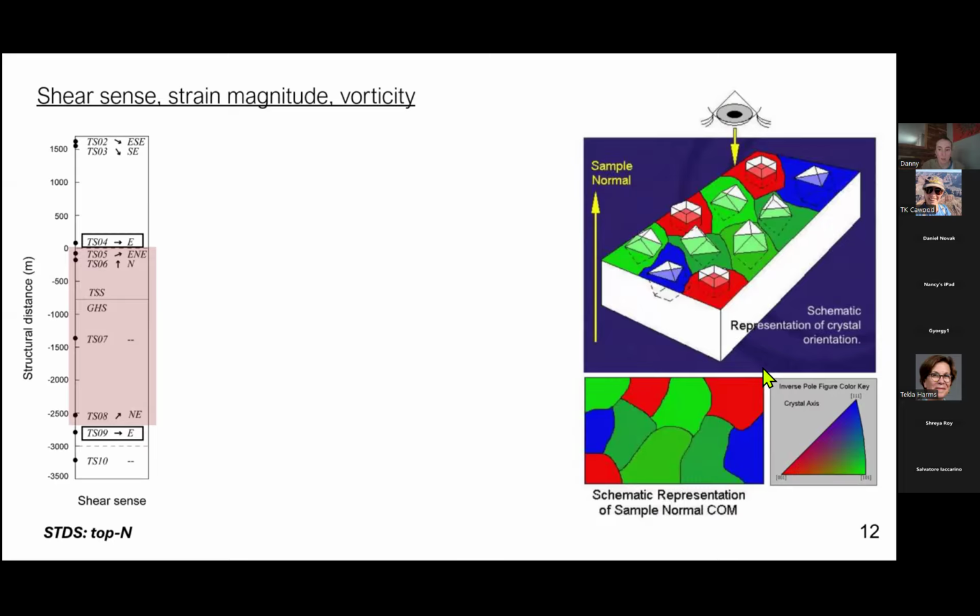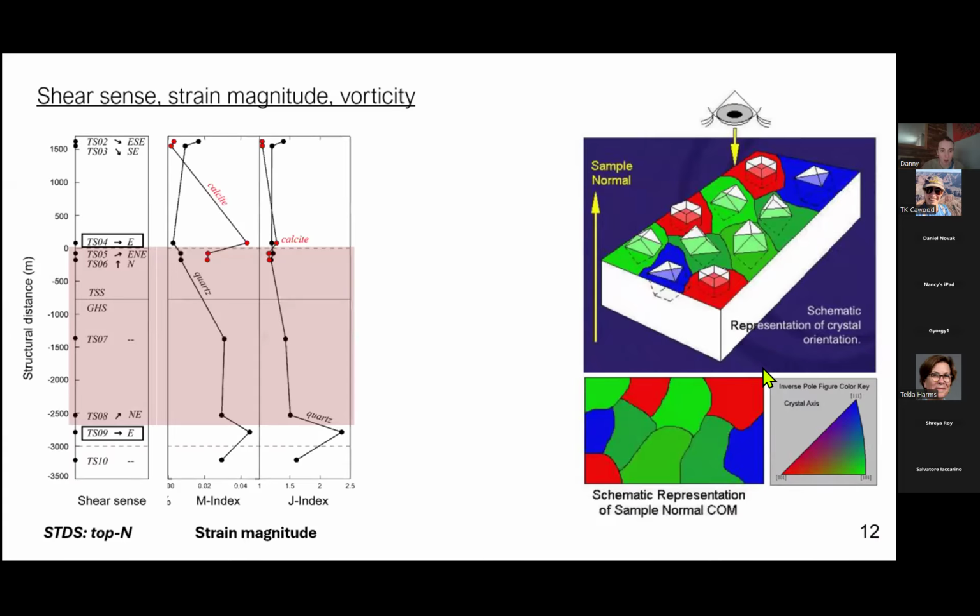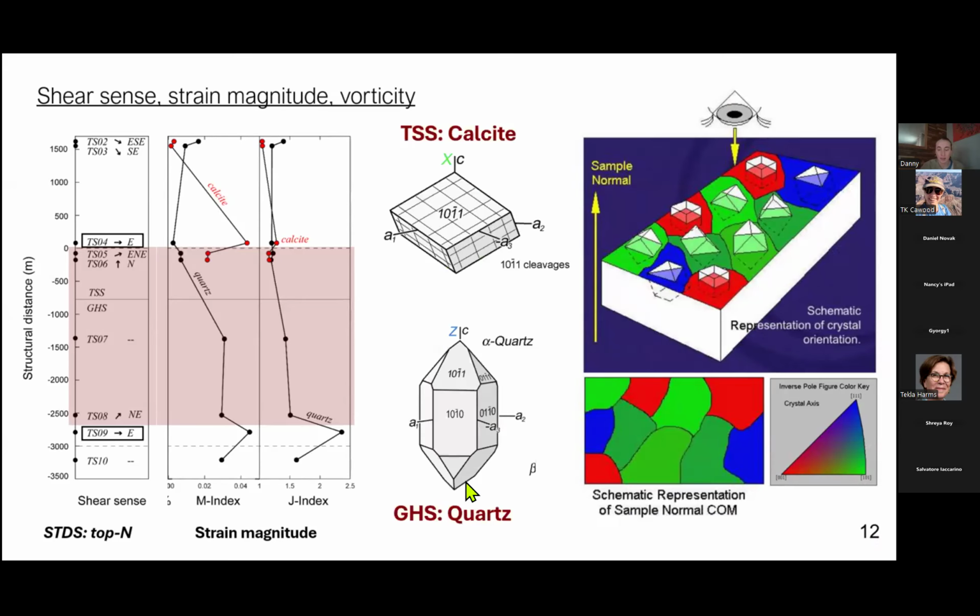Two commonly used indices for this crystallographic distribution strength are the M and J index, and both of these increase with increasing strain magnitude. So I calculated these using electron backscatter diffraction data for quartz in the Greater Himalayan sequence and calcite in the Tethyan sedimentary sequence, as these are the major strain accommodating minerals in each unit.